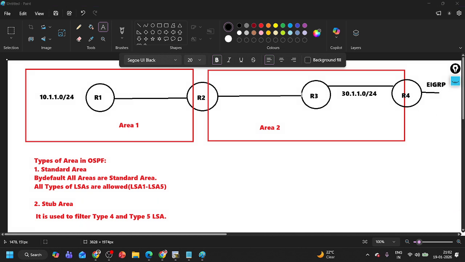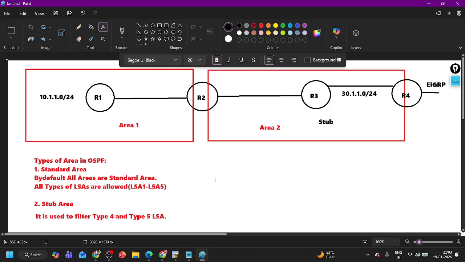It will turn on the E bit. Router 3 and router 2 can understand that router 4 is the ASBR, and router 2 will tell router number 1 who the ASBR is in the form of LSA 4. Then router 4 will advertise all external prefixes, the EIGRP prefixes, in the OSPF domain through type 5 LSA, external LSA. If I have configured area 2 as a stub area, then LSA 5 is not allowed.